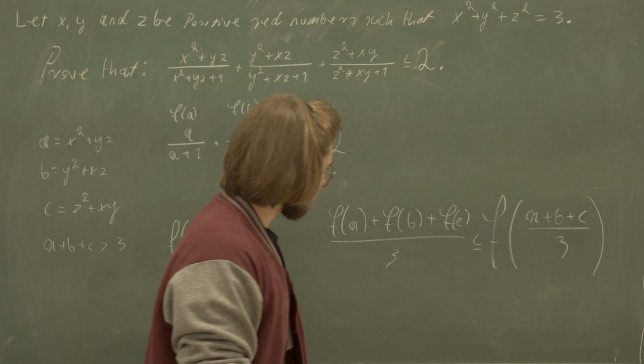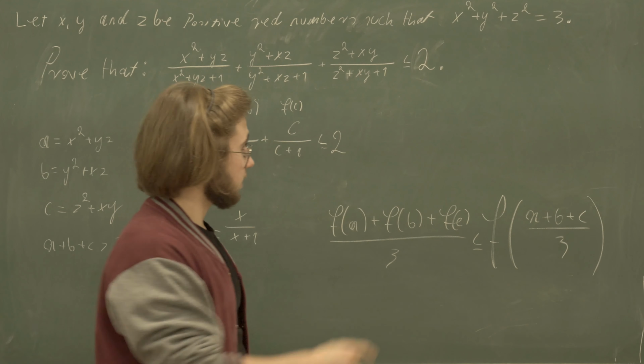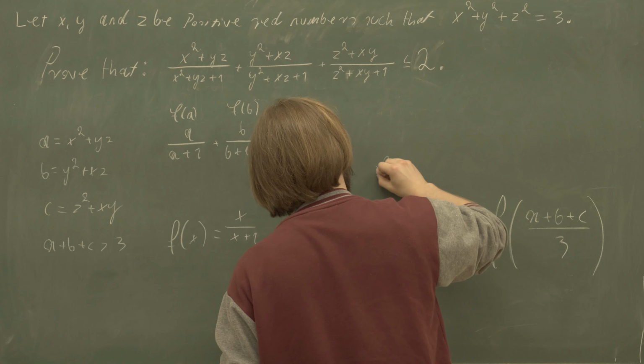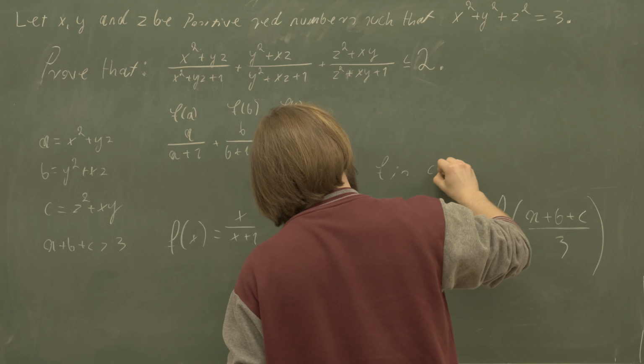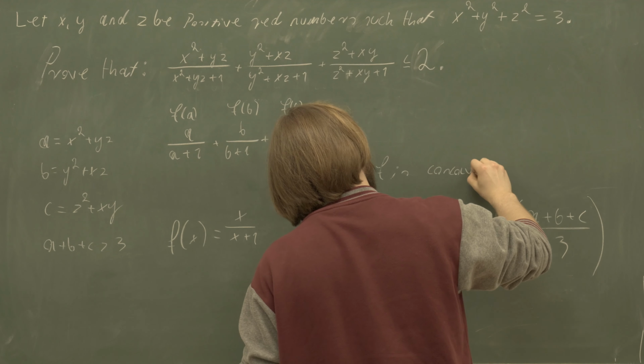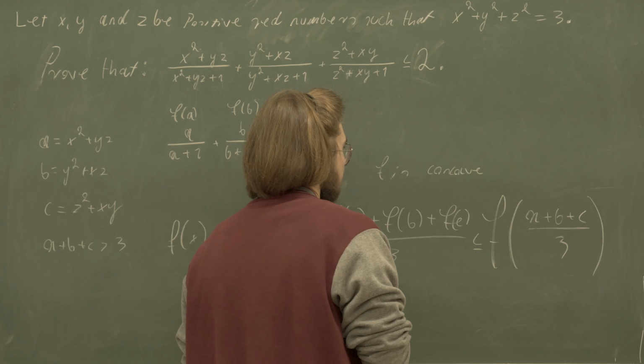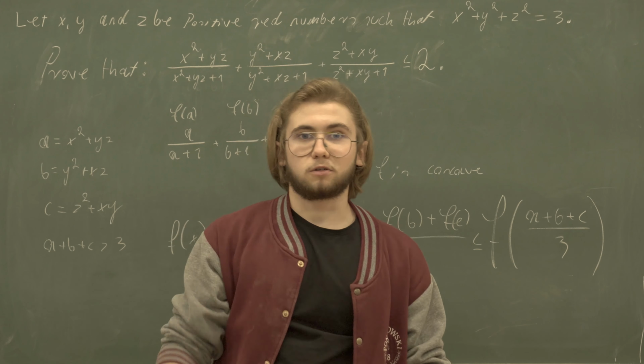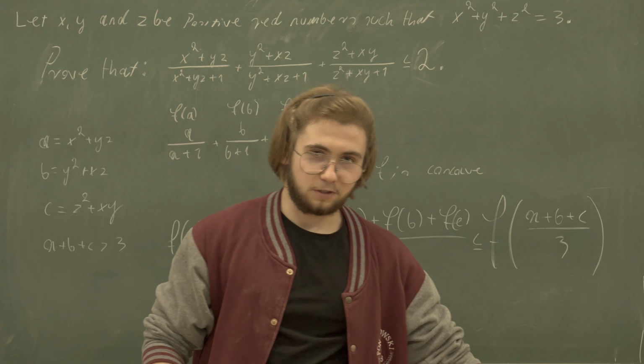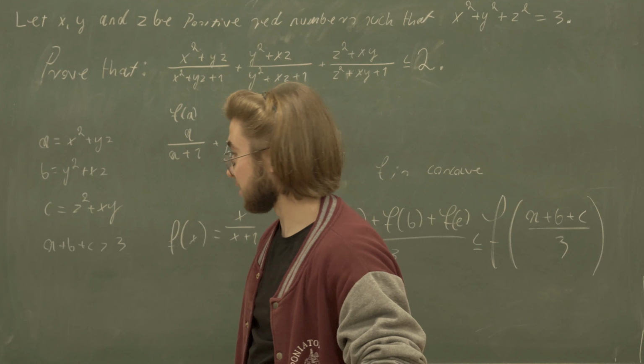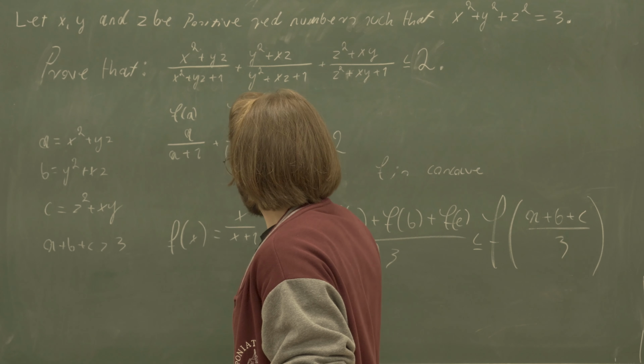That's the so-called Jensen's inequality, but it holds only if f is a concave function. Okay, perfect. If you don't know what a concave function is, also check out my video on Jensen's inequality, because there I give an explanation on that.